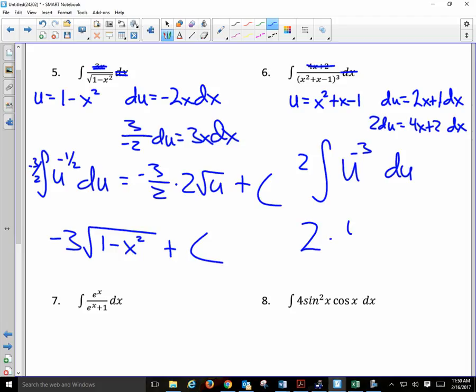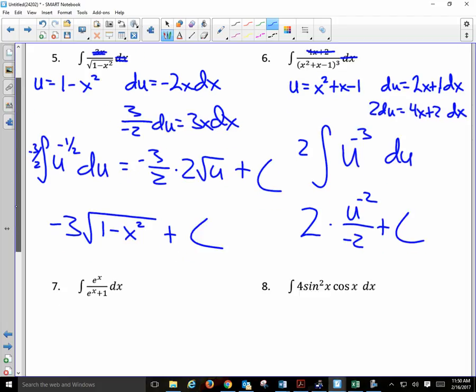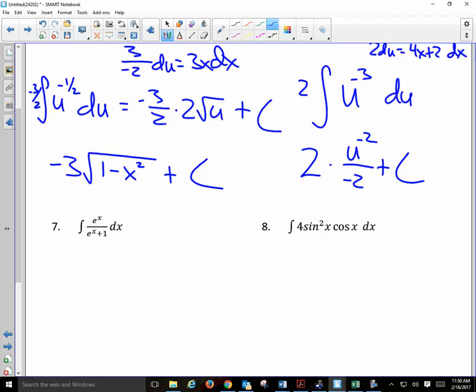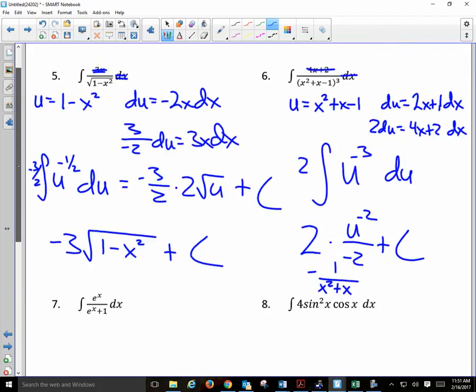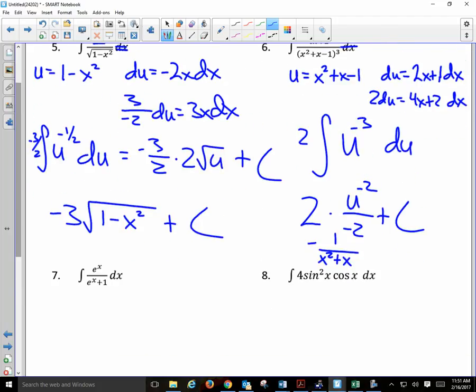So 2 times u to the negative 2 over negative 2 plus c. The 2's cancel. I get negative 1 over, so this is a 2 over 1, and yep. So I end up with negative 1 over x squared plus x minus 1 squared plus your constant. Okay?